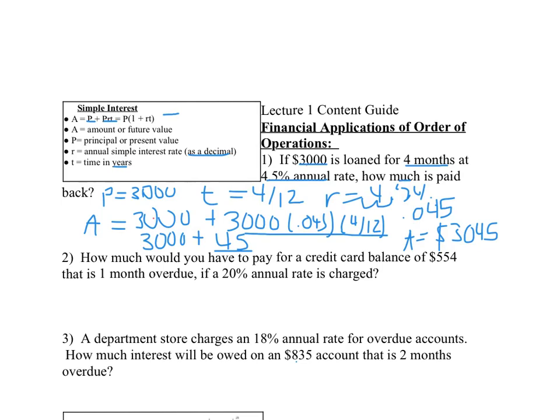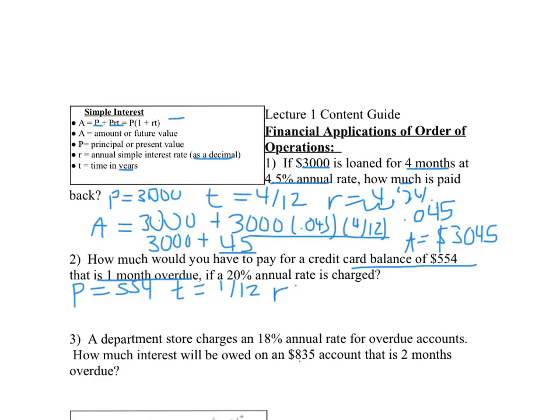We have a balance of $554, so that will be P. And we have 1 month overdue, so our time will be 1 over 12. And our rate will be this 20%. And again, we're going to have to move the decimal over twice, so R will be 0.2.